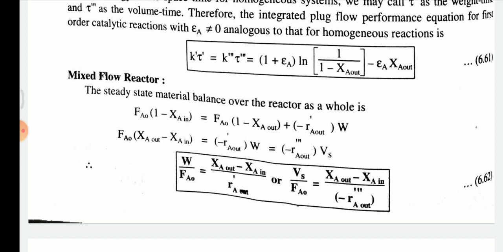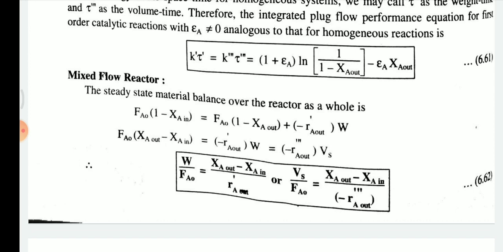Fa0 1 minus Xa in is equal to outlet plus accumulation, that is outlet is Fa0 1 minus Xa out plus Ra dash out into W.